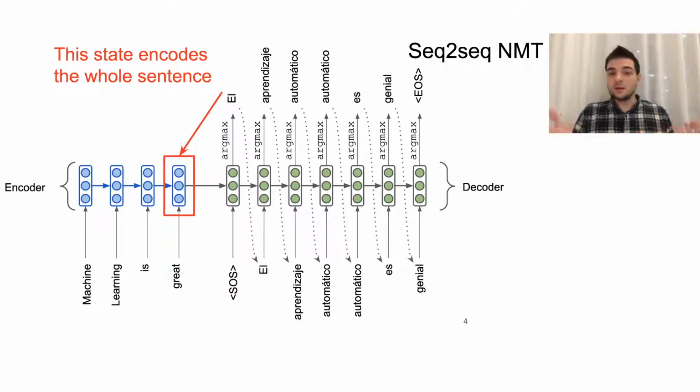So this state encodes the whole sequence, and up to this point it's almost the same as what we did when we trained our language model in the machine learning class when we generated some speech. We just take a new word, then a new word, and so on. And if we try to predict the next word, for example, it will work kind of like a language model. Actually, the encoder can be pre-trained using the language modeling problem.